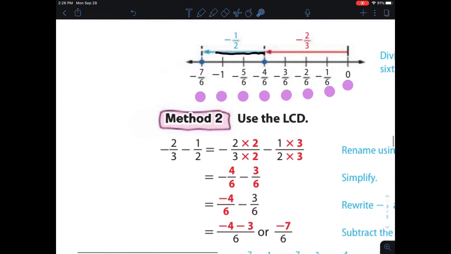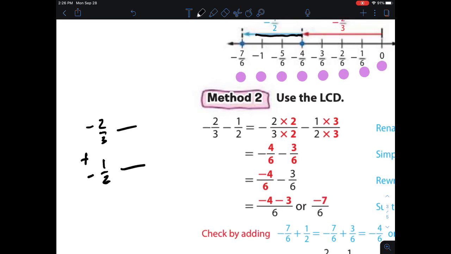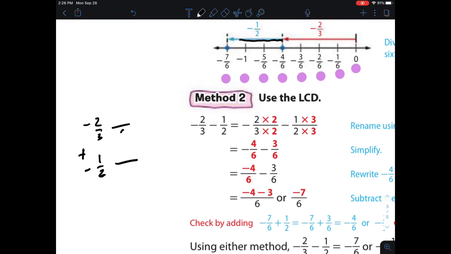If you use the LCD, it's basically the same thing. We have negative 2/3, and remember, when we're subtracting, we're adding its opposite, negative 1/2. We already know the least common denominator is 6. For us to get to 6, we multiply this by 2, therefore we need to multiply the numerator by 2.